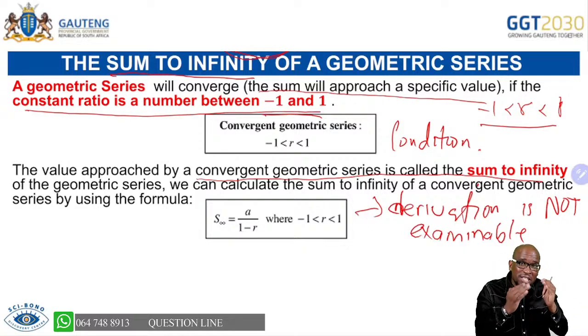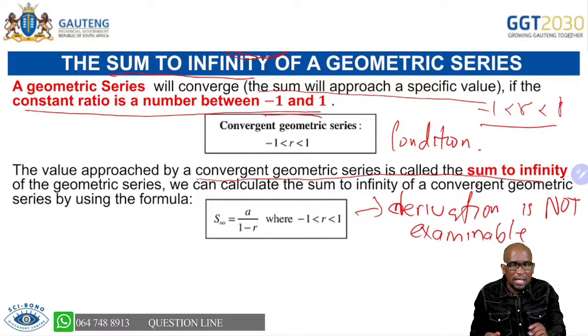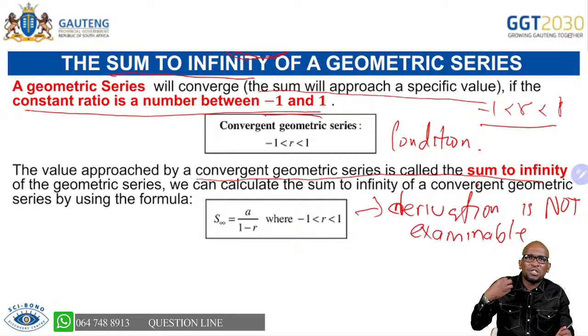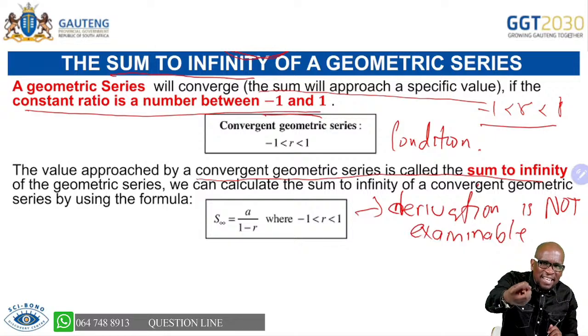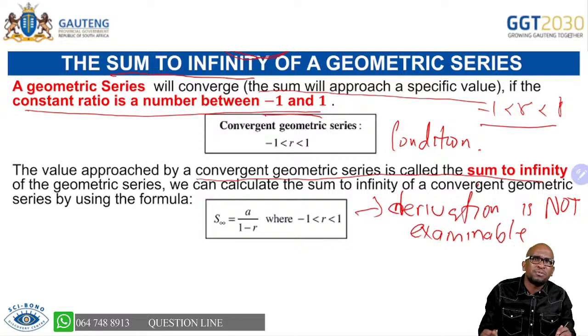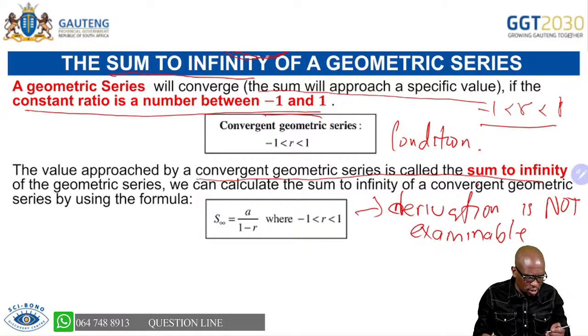If we limit it from the left and from the right, we can derive that formula, because we use approximations to say that as n gets to infinity, this gets smaller and smaller and hence becomes negligible. That is how you derive that one. So the derivation is not actually examinable, but the formula is available in the formula sheet.